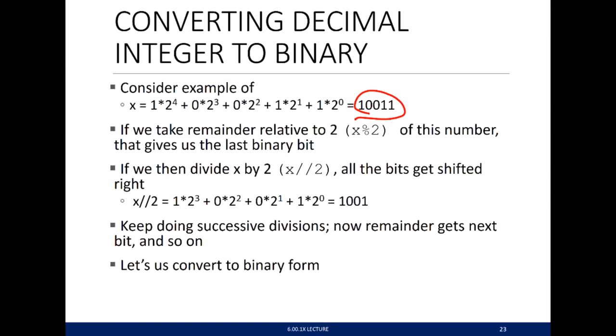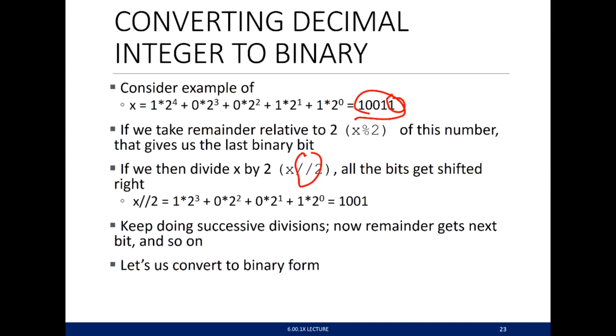I can take the remainder of that number relative to 2. And that remainder actually gives me the last binary bit. It'll give me this bit right here, because that's the remainder that's left when I divide by 2. If I then take x and divide it by 2, integer-wise, using that double slash idea, all of the bits get shifted right.